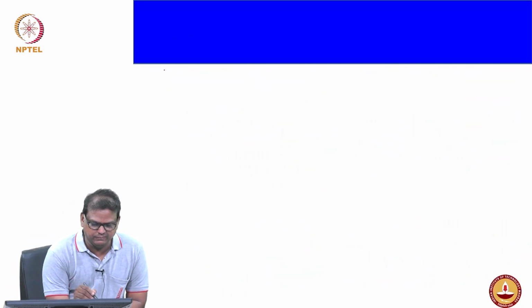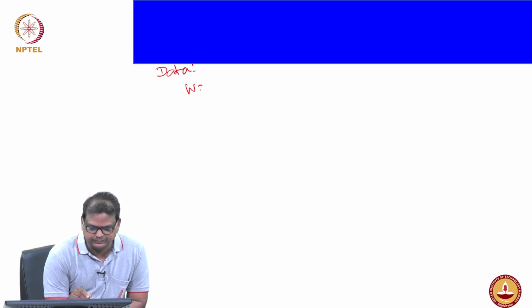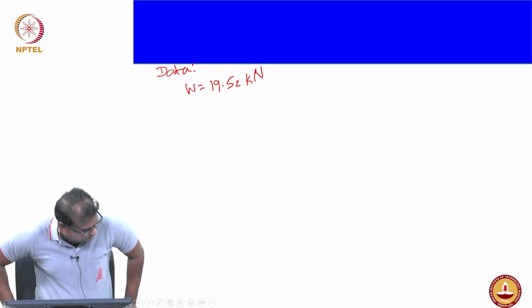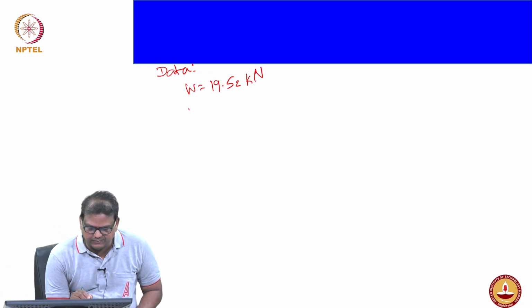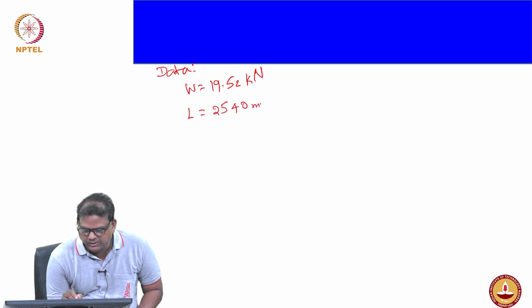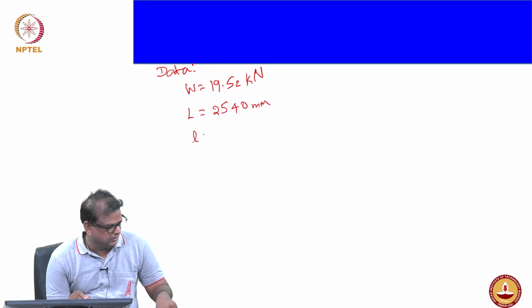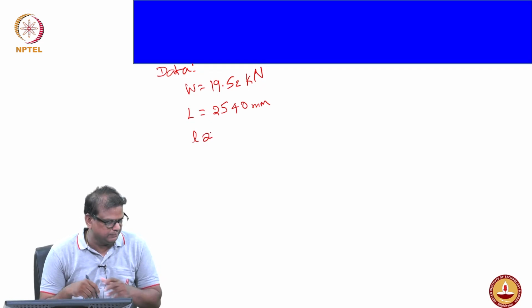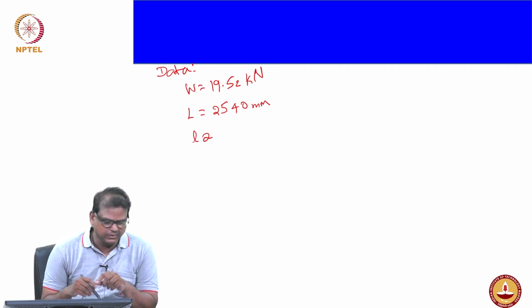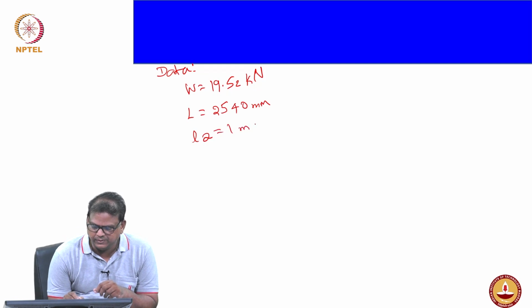The data were given; I'll reiterate again. W is 19.52 kilonewton, that's clearly given. The wheelbase L is given as 2540 millimeter. From the problem, L2 is given as 1 meter, or 1000 millimeter.